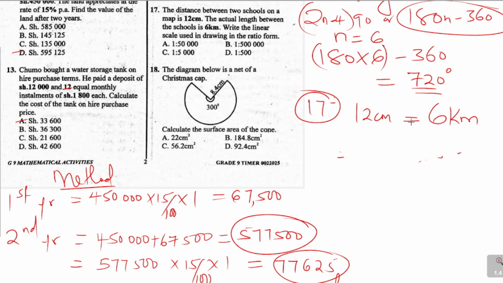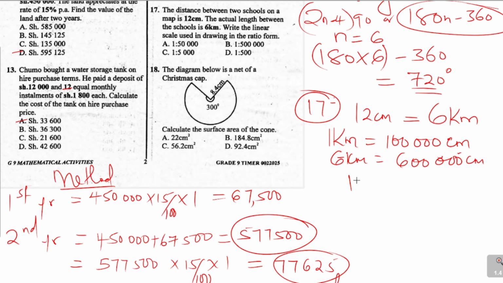So you convert kilometers to centimeters. You know that 1 kilometer is equivalent to 100,000 centimeters. So what about 6 kilometers? 6 kilometers will be equivalent to 600,000 centimeters. So that means that 12 centimeters represents 600,000 centimeters. So what about 1 centimeter? You just take 600,000 and divide by 12.